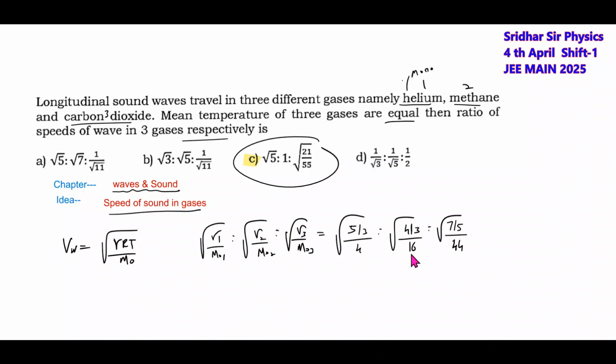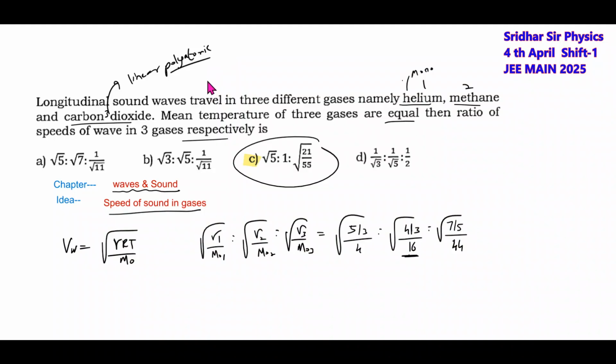A little bit, I think, from chemistry data you should gather regarding methane. Carbon dioxide, we know, is like a diatomic gas. It is a linear polyatomic.